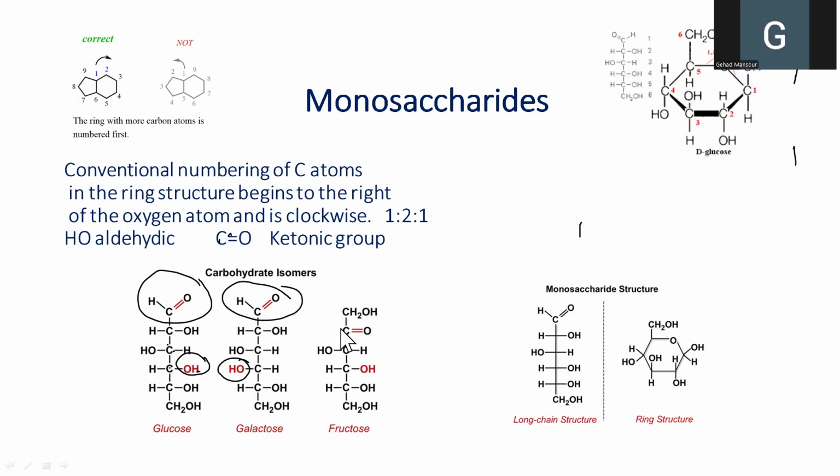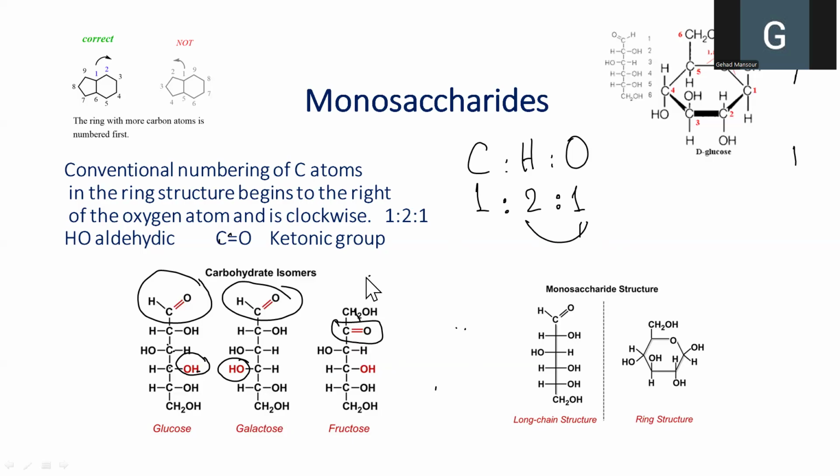And in the case of fructose, we have this ketonic group. But the ratio of carbon to hydrogen to oxygen will always be 1 to 2 to 1, so that the ratio hydrogen to oxygen is reversed. Let's take the example of glucose.